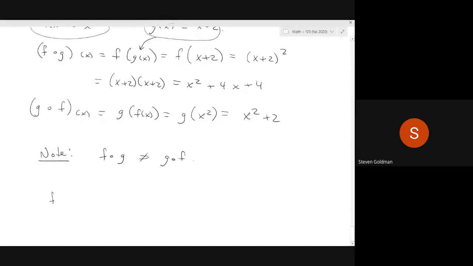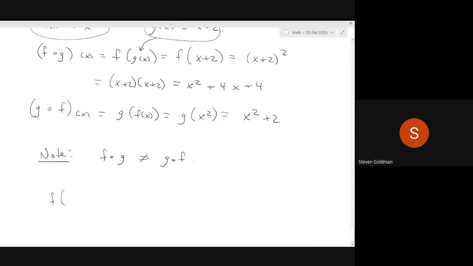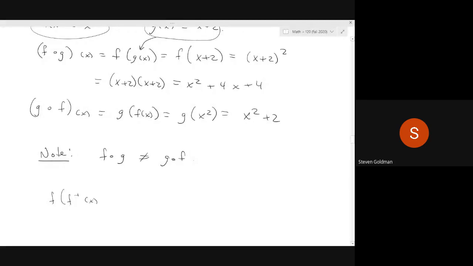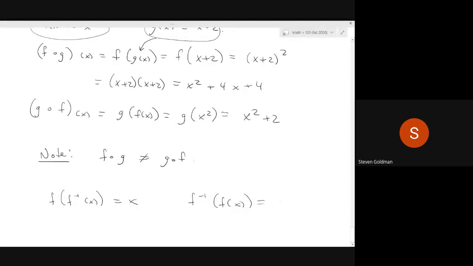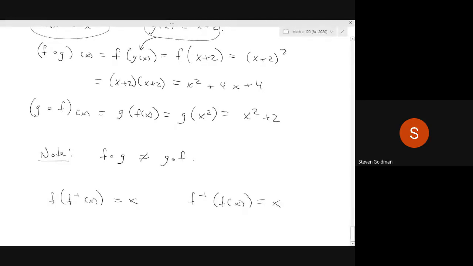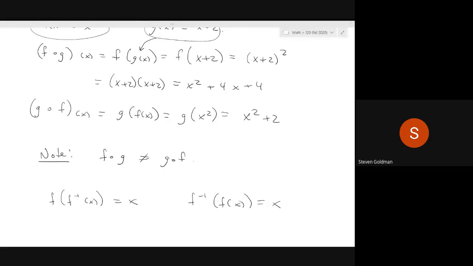So f of f inverse of x will always just be x, and f inverse of f will just be x. Okay. So that's the only exception. But in general, composition of two functions is not invertible. Oh, excuse me, it's not commutative. Okay. All right, any questions on that?